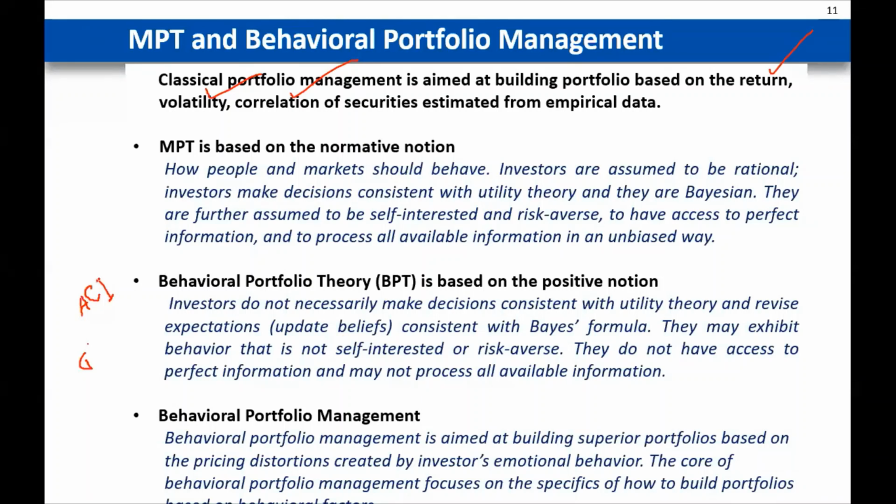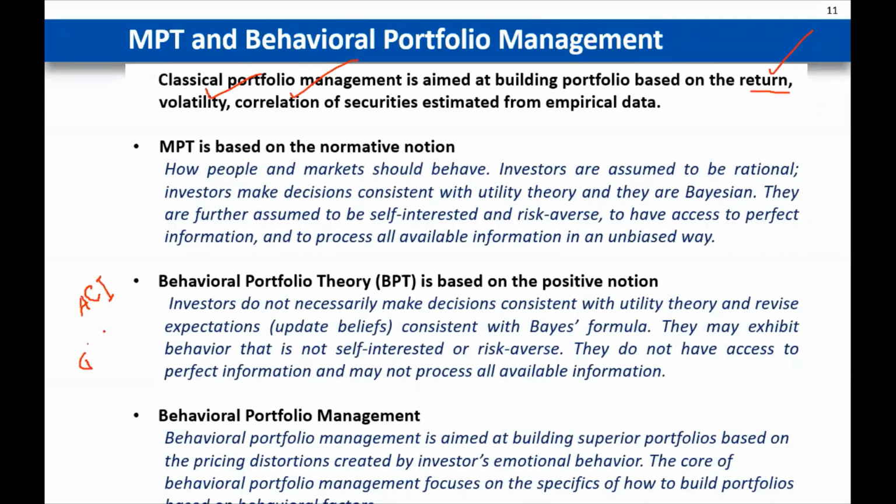This company. Okay. If you look at the past return, you will see that ACI didn't provide a good amount of return in previous days. So according to classical portfolio theory, what will you consider?